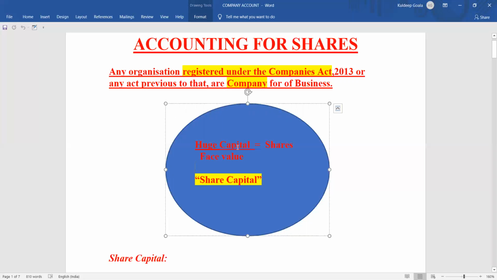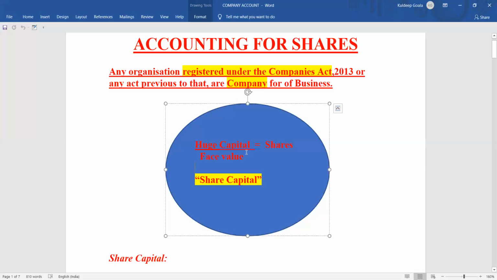It is possible in case of a public company only that they can invite the public. So this 10 lakh of rupees, which has been divided into shares of 100 each, that means 10,000 shares, the company may sell in the market and raise money from the market. How these things are done, we will be learning in accounting. Here is how we are going to account for such transactions. That is what we are going to learn here.